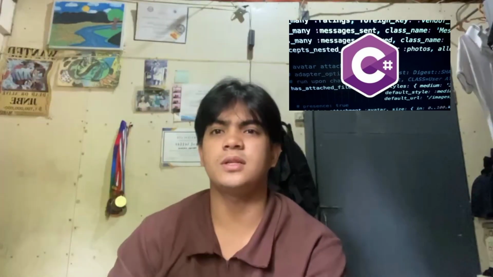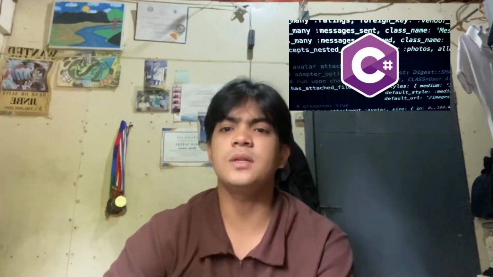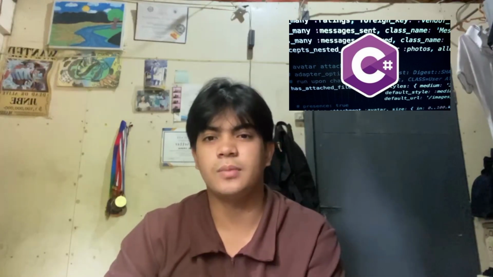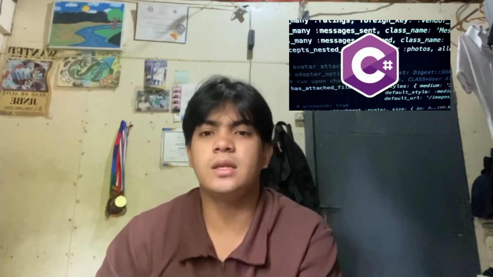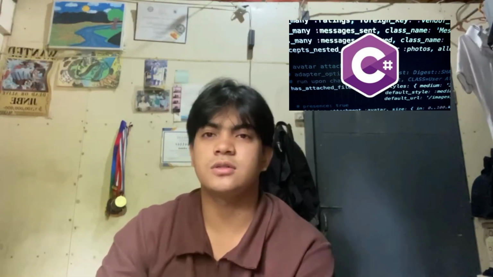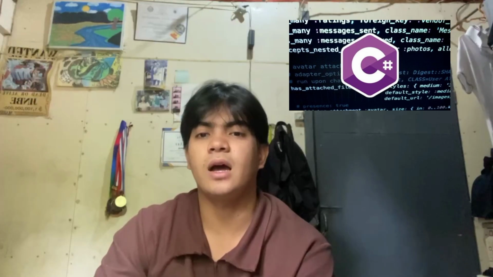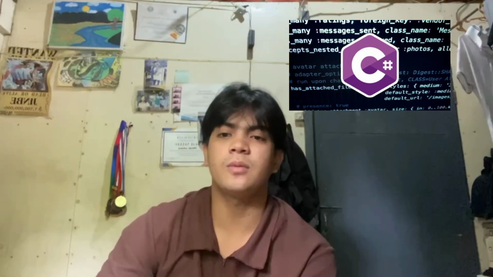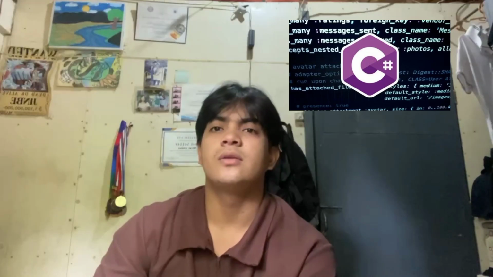What is a C++ program? A C++ program is a set of instructions written in the C++ programming language. This typically includes functions, variables, and control structures to perform a specific task. C++ is a powerful, high-performance language commonly used in system or software development, game programming, real-time simulations, and scientific computing.